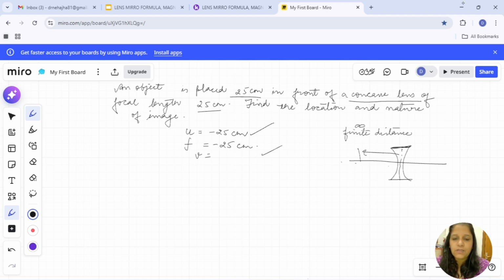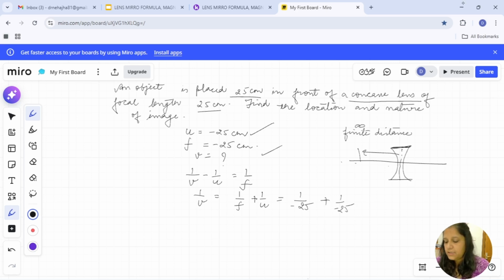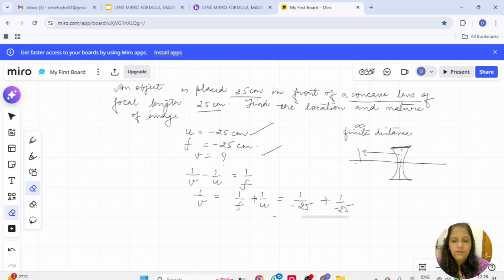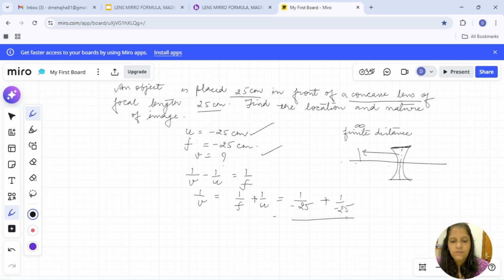And you have to find the image distance. So apply the formula 1 by v minus 1 by u is equal to 1 by f, or 1 by v is equal to 1 by f plus 1 by u, which is equal to 1 upon minus 25 plus 1 upon minus 25.